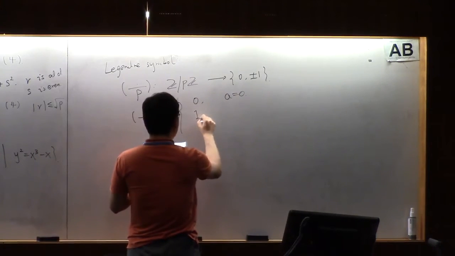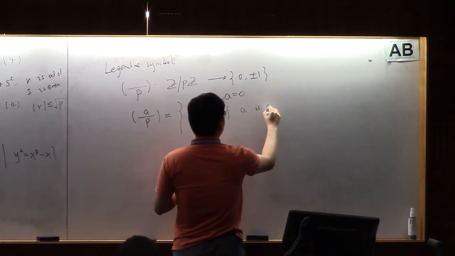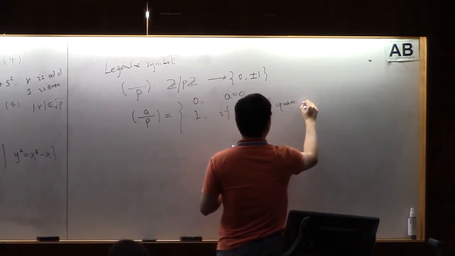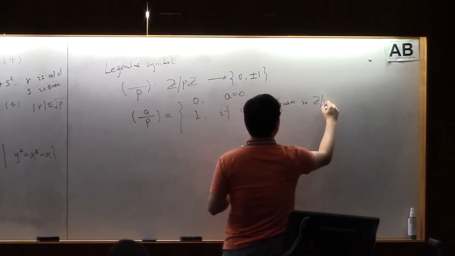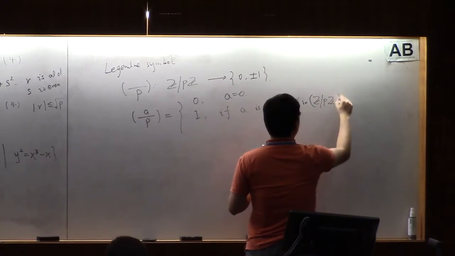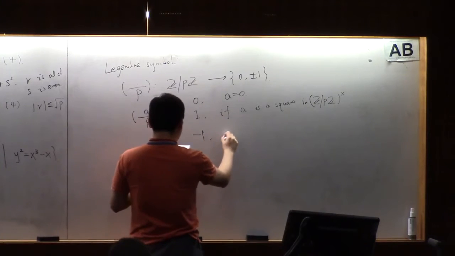And it is 1 if a is a square in Z mod pZ, but it is not 0. And it is -1 in other cases.